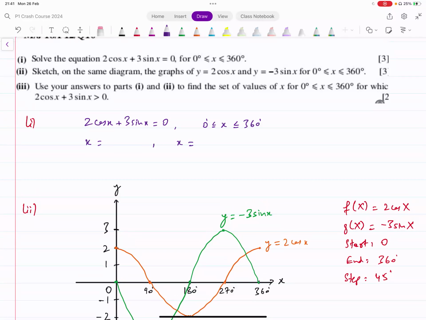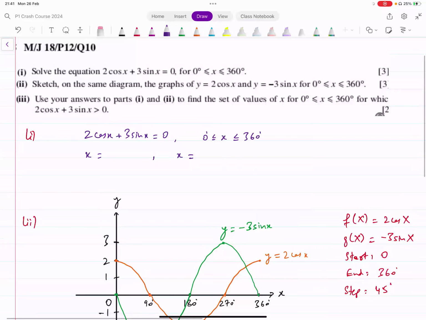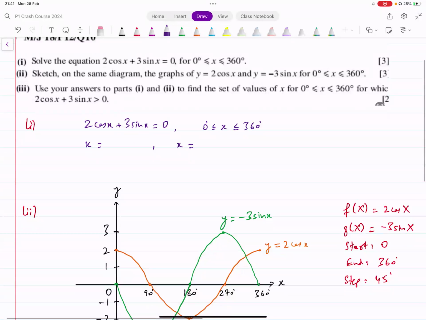Sir, no, I did that in another notebook, so I was not able to find it. Okay, so that means we'll have to do that quickly as well. It's going to be minus 2 over 3, right? Tan x equals minus 2 over 3.